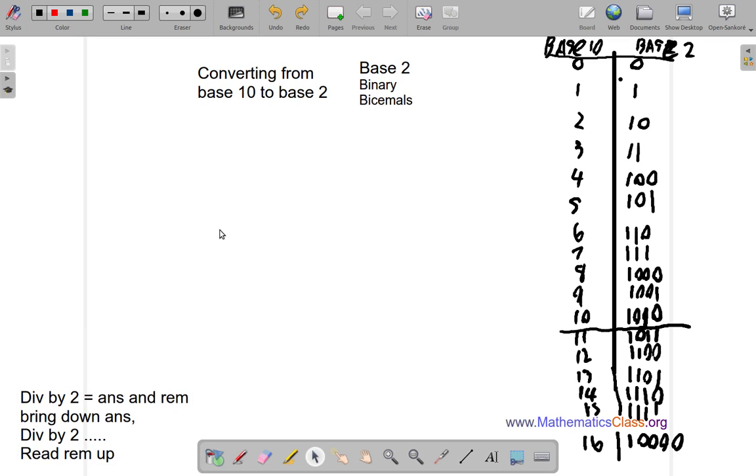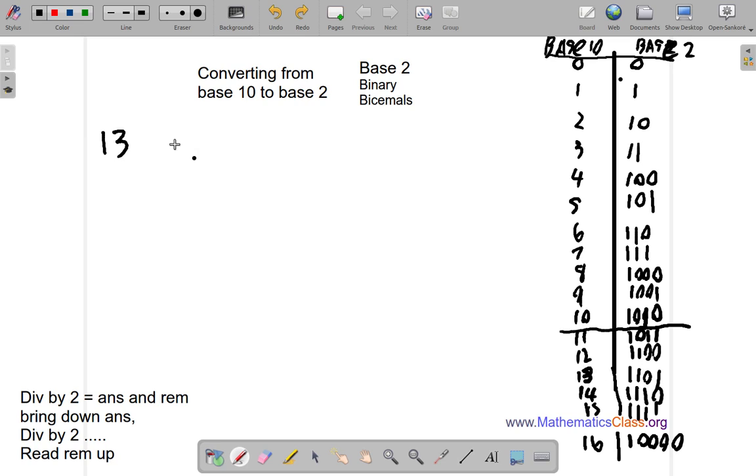So basically, let's try with one of these numbers. Which number do we want to try now? Say 13. According to this table, 13 is supposed to end up as 1101.